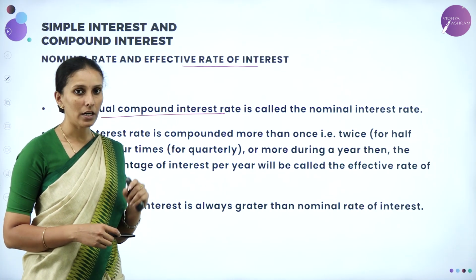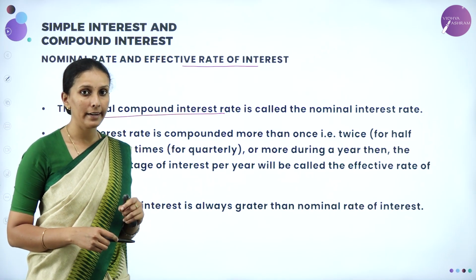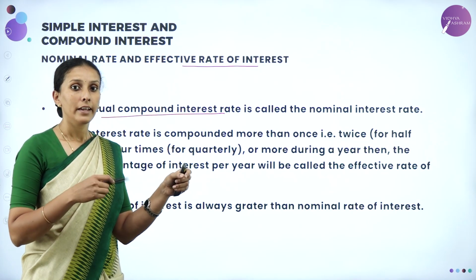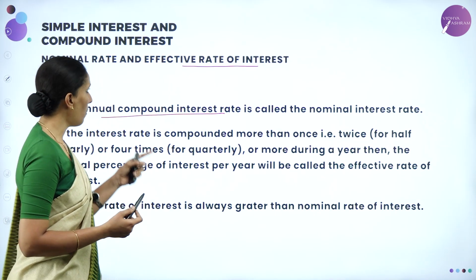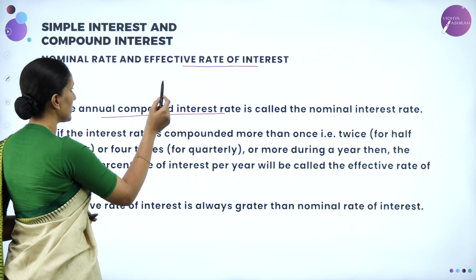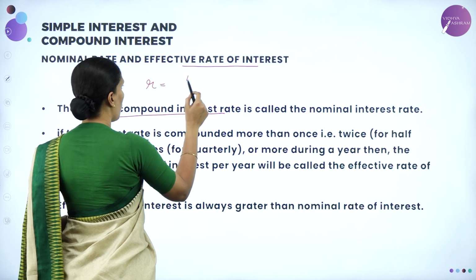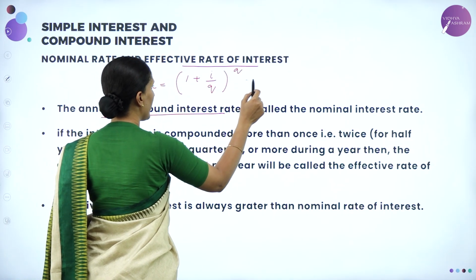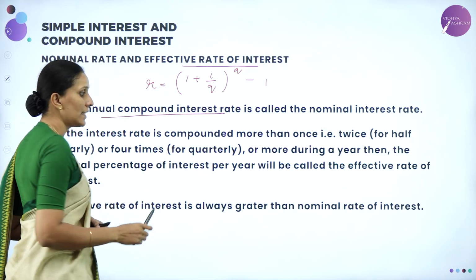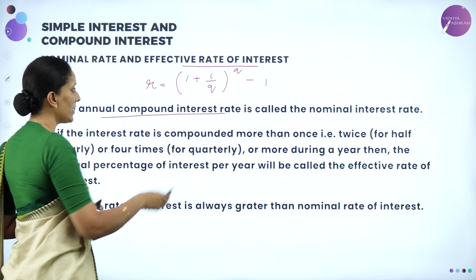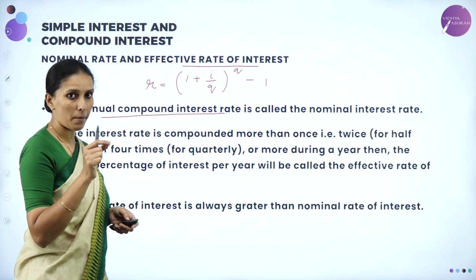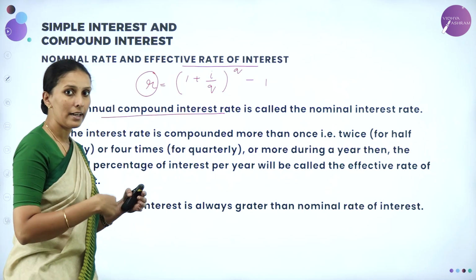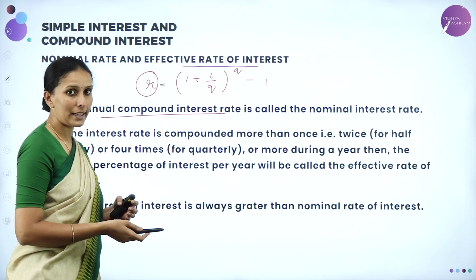So the compound interest calculated annually will always be less than the compound interest calculated more than once in a year. The formula is R is equal to 1 plus I divided by Q, whole to the power Q, minus 1. So this will be the effective rate of interest calculated semi-annually, quarterly or monthly, etc.